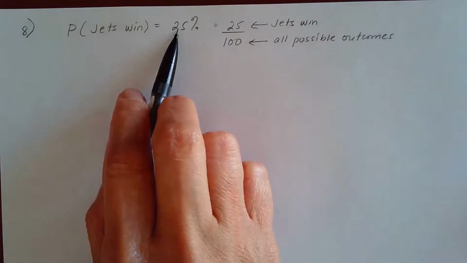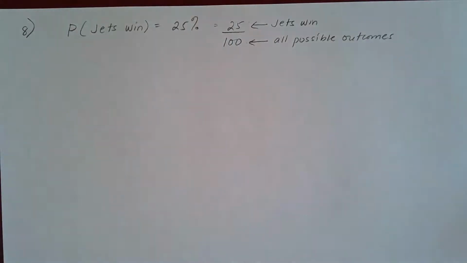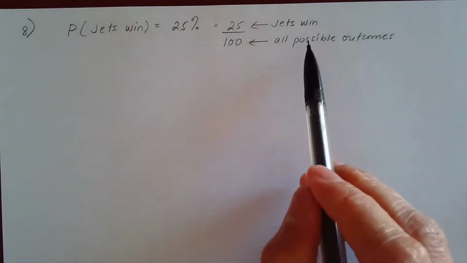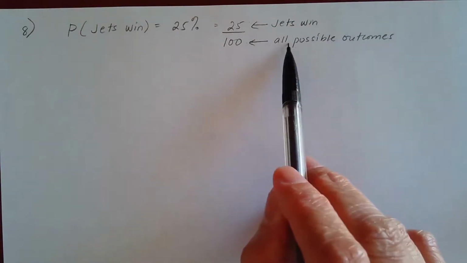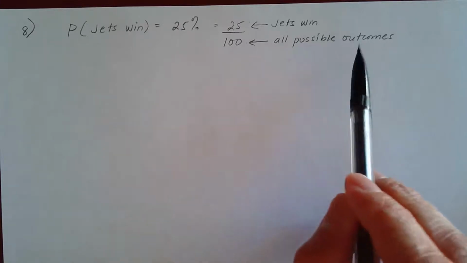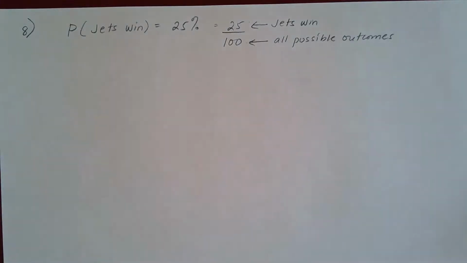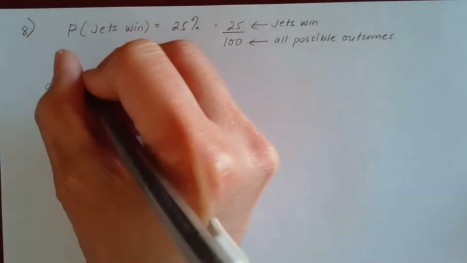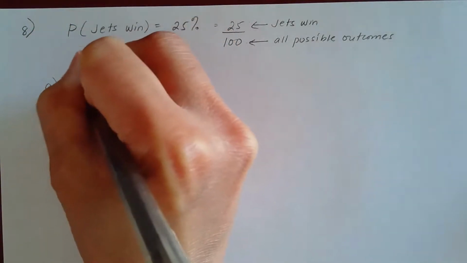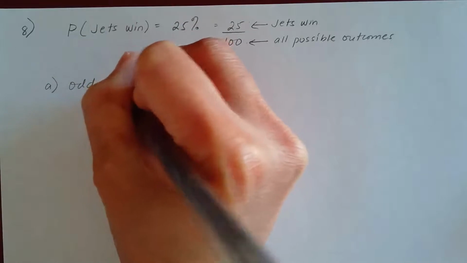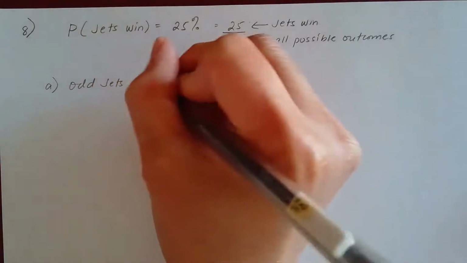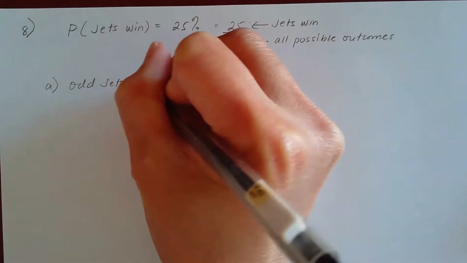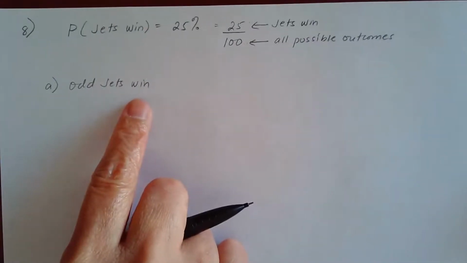Okay, so bringing it to 25 out of 100, now we can see what the denominator is. Within all these possible outcomes, this includes the Jets winning and Jets not winning. So the question is odds. I know it says Jets in favor of beating Chicago. That means Jets win, just to make it a little bit easier.